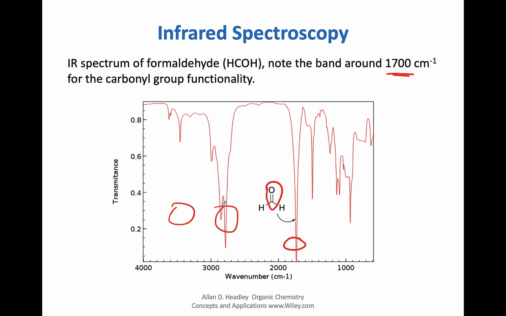This band is very prominent, and that's typically the CH bond. You'll see it for just about all organic molecules. But again, there is no band in this region, which would indicate that it's not a carboxylic acid, it's not an alcohol, and it's not a primary or secondary amine.